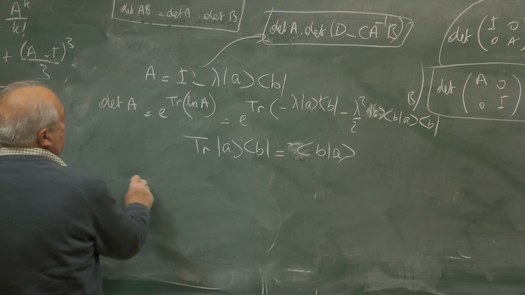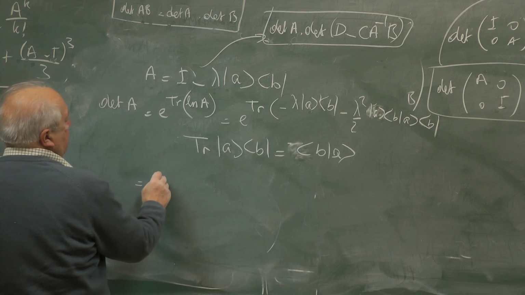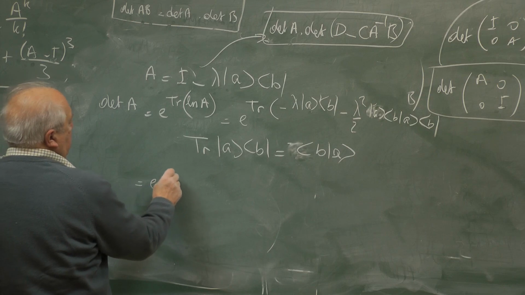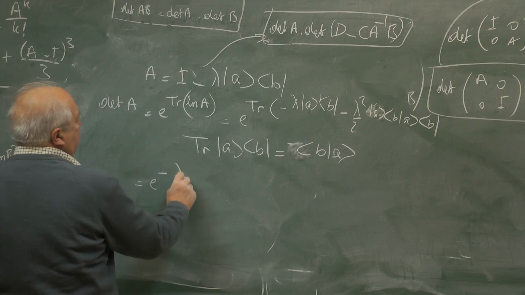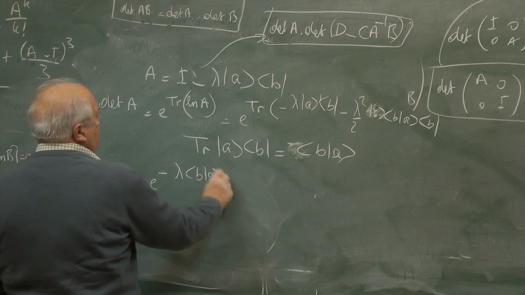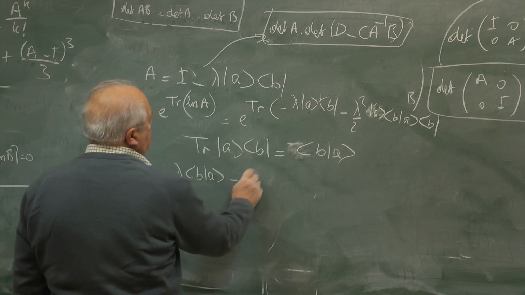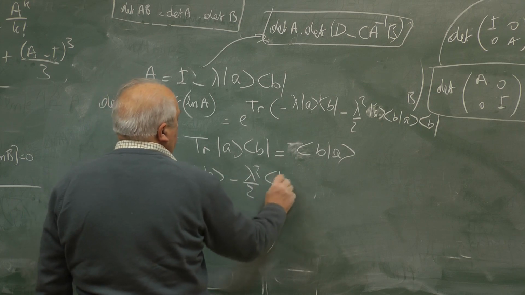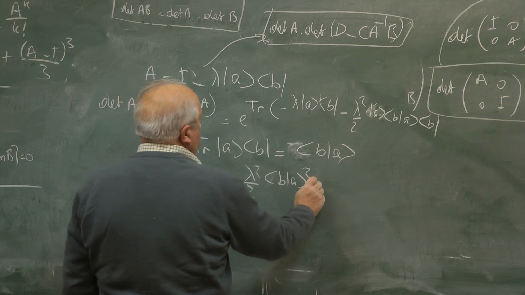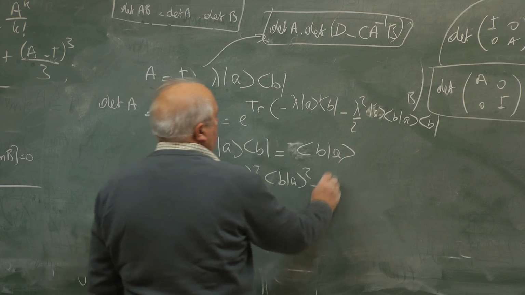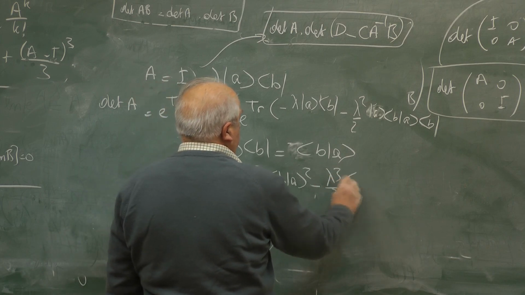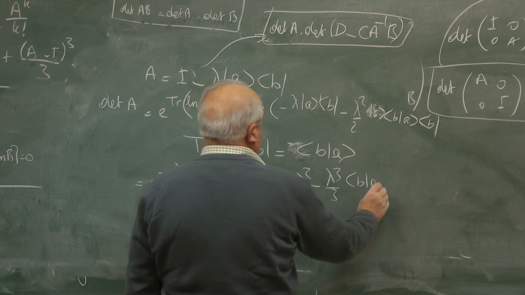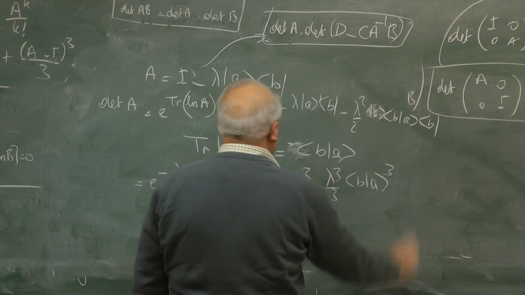So we have e to the, we take the trace, minus lambda BA, minus lambda square over 2 BA square, minus lambda cubed over 3 BA cubed.